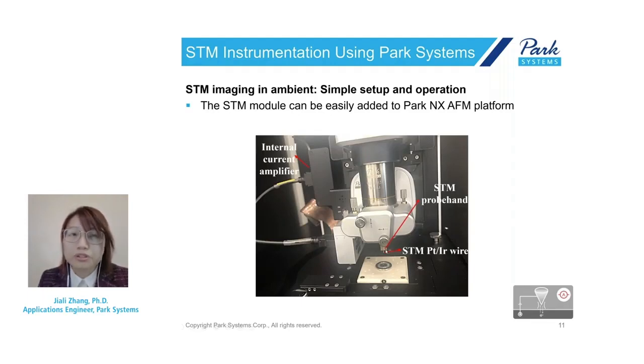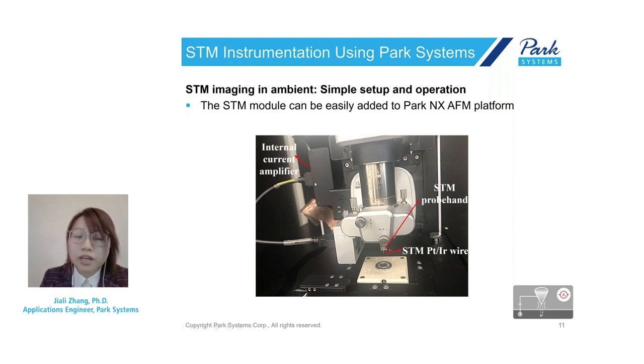Once the tip is prepared, it will be mounted to our specially designed STM probe hand. Here you can see the protrusion of the platinum iridium wire. And then we have a link wire connecting to the STM head extension module, and then a cable connecting to our internal current amplifier in our NX systems.